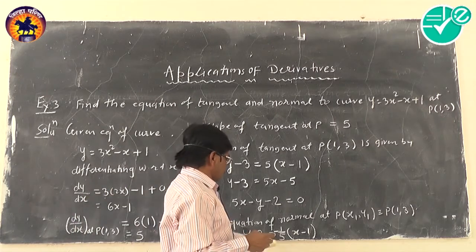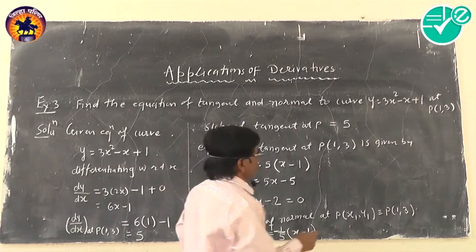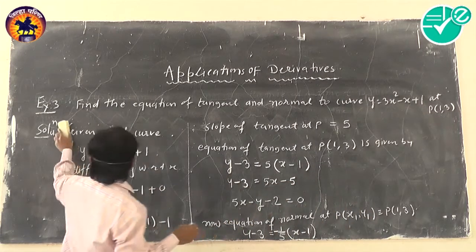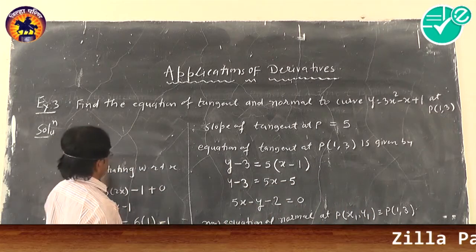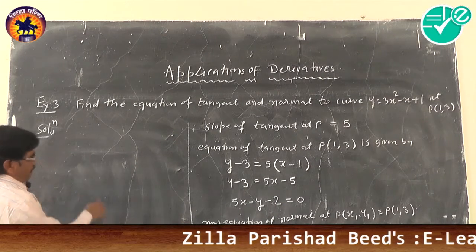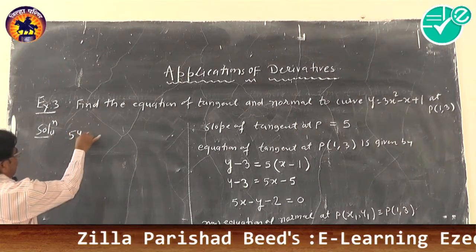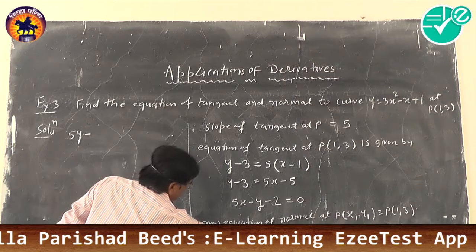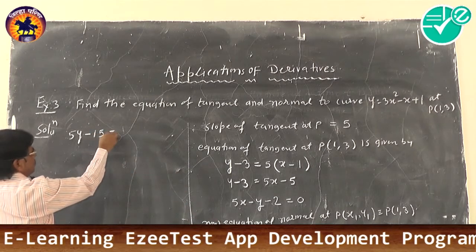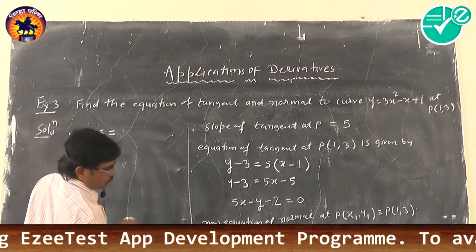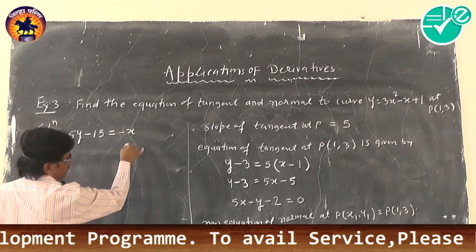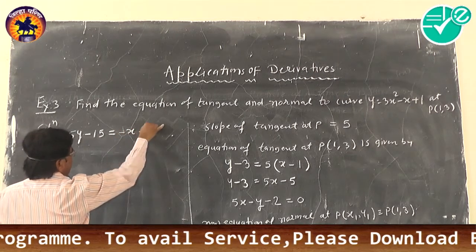Now cross multiply by 5, we get 5y minus 5 into 3, minus 15, is equal to minus 1 into x minus 1, that is minus x plus 1.